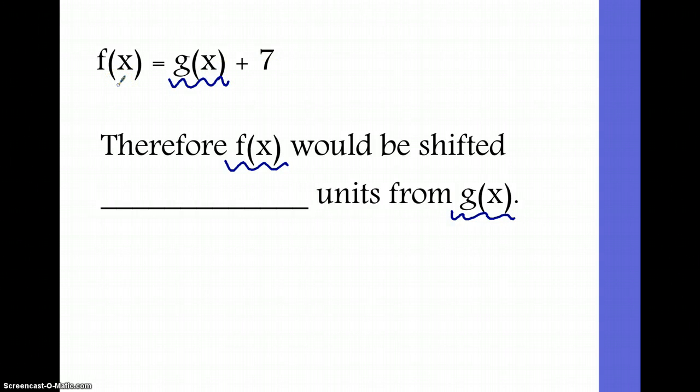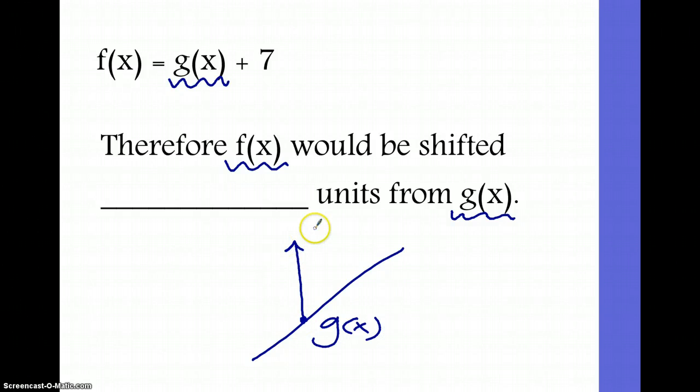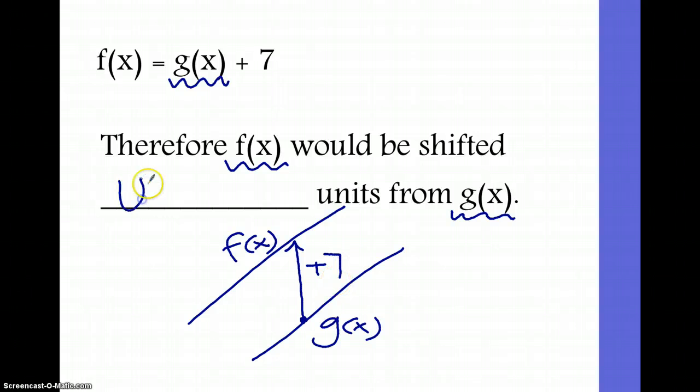So if I were going to think about this on a graph, g would be down here somewhere, and f would be shifted to get f here. I would have to go up 7 units from g. So it would be shifted up 7 units from g.